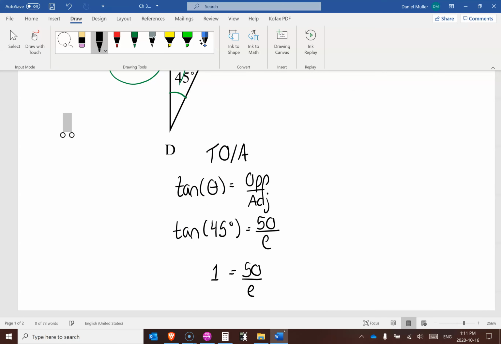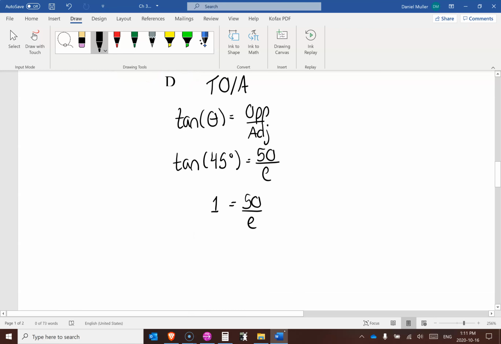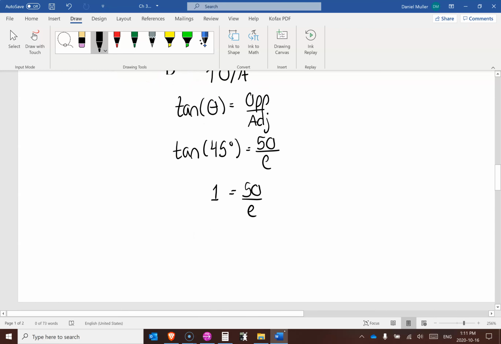1 equals 50 over E. Now we've done these questions before, where what we need is technically on the denominator. Our unknown is down there. So what I need to do is multiply by E to get rid of it, and whatever you do to one side, you have to do to the other. So then I have E times 1, or 1E, equals 50.